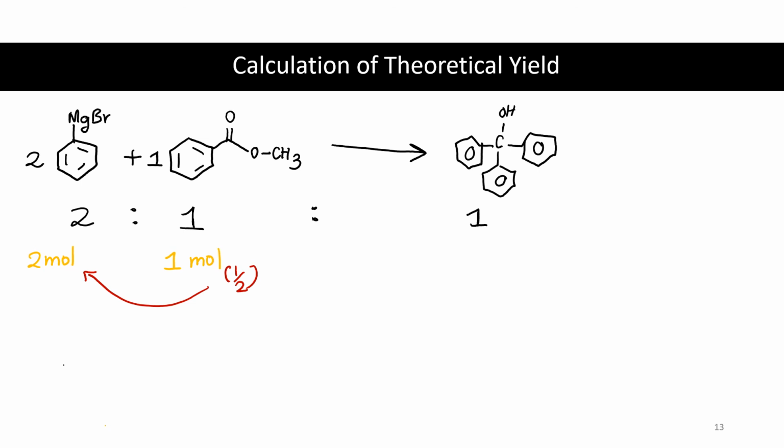So what if you had 1.5 moles? That is greater than 1 mole. Then methyl benzoate would be the excess reagent, and phenyl magnesium bromide would be the limiting reagent for that example.